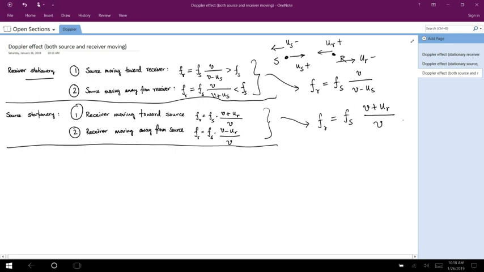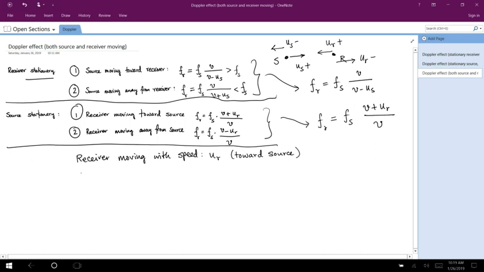Okay, so now we're going to put these two together, meaning that both the receiver and the source are moving. So the receiver is moving with speed Ur, and it's moving toward the source so that it is positive. In our convention, toward source is a positive speed.